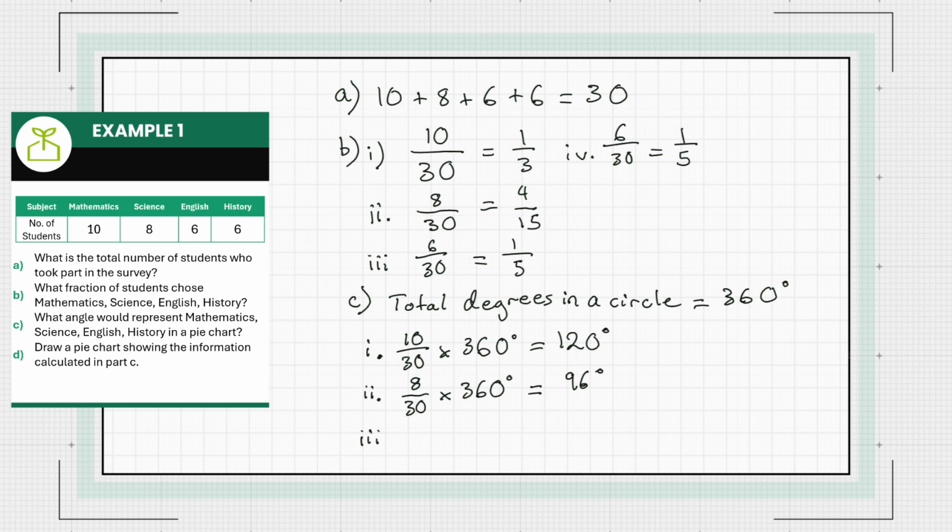Alright, for our next one, we have 6 out of 30 multiplied by 360 degrees, so 1/5 of 360 degrees, and that's 72 degrees. And because the next one is exactly the same, this one will also be 72 degrees.